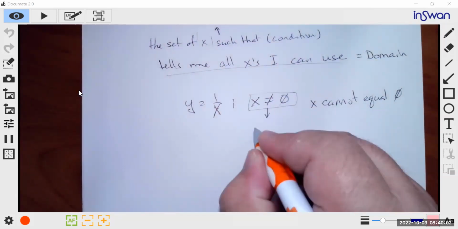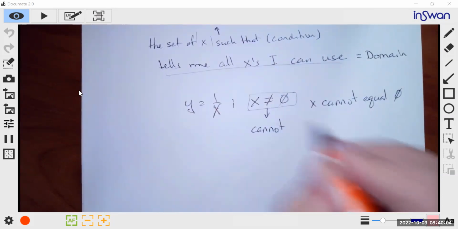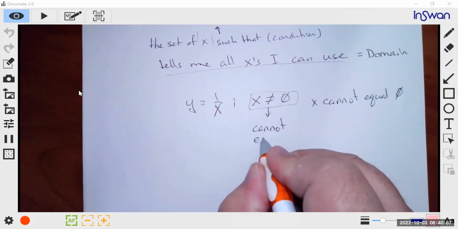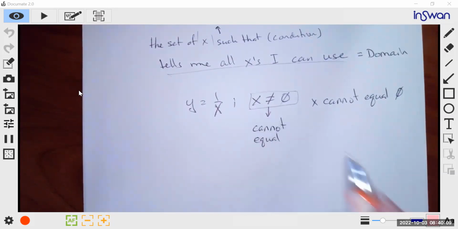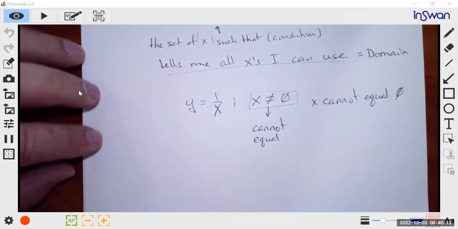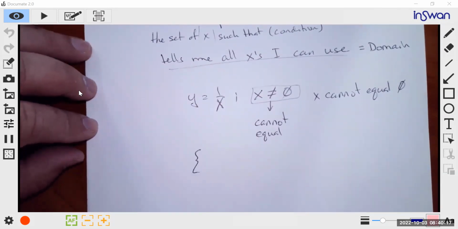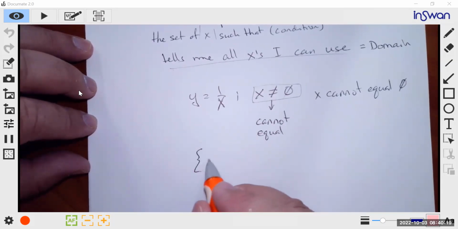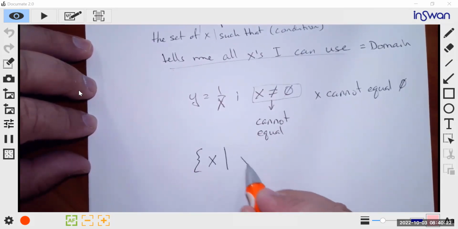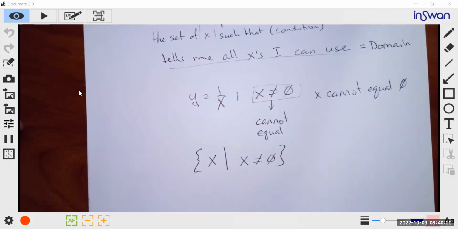This means cannot equal, or does not, or is not. Using set notation, I would say the set of all x's such that x is not equal to 0. That's how I write it. When you read this, you know that all your x's are possible except for this one.